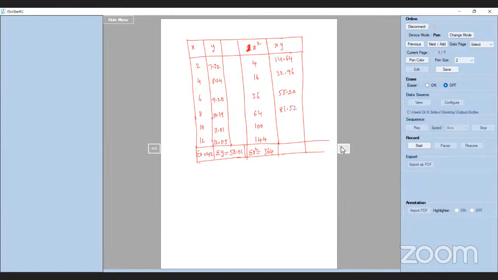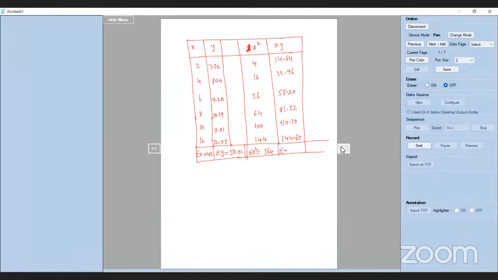Next value, 110.1. Yes, right. Next value, 144.6. Very good. Next, what is the sum of all these values?